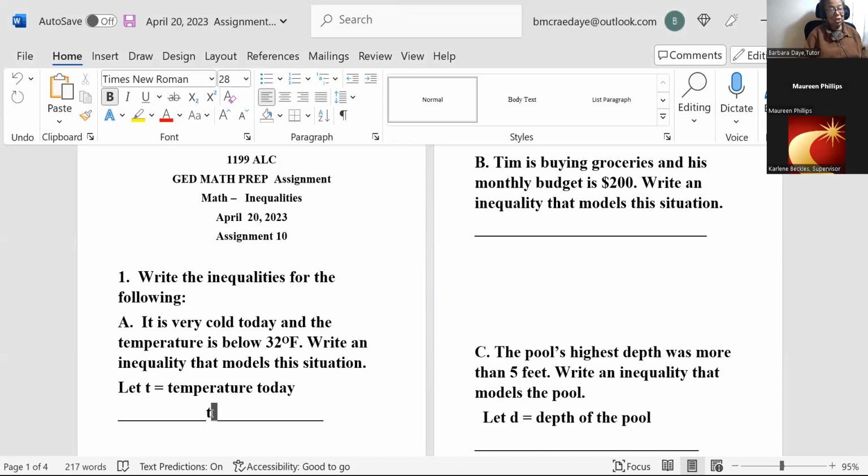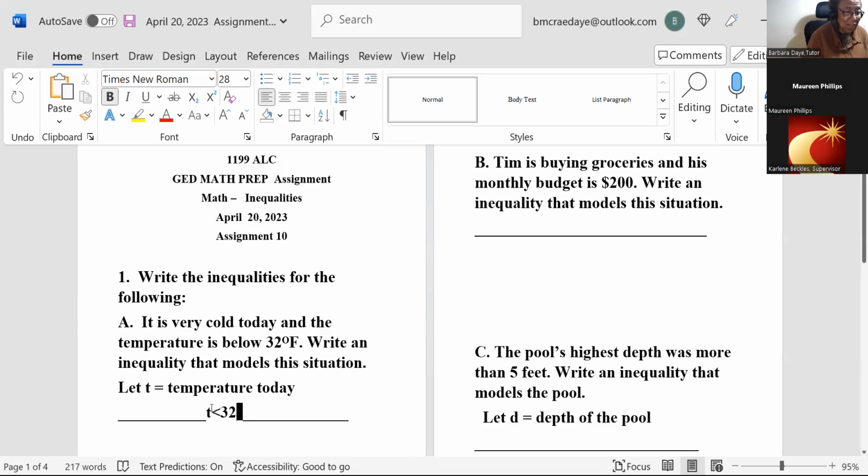So what should the inequality symbol be? Greater than. But isn't below... You just told me below means what? Greater or less? Less. So what would the inequality symbol be? Less than. That's right.